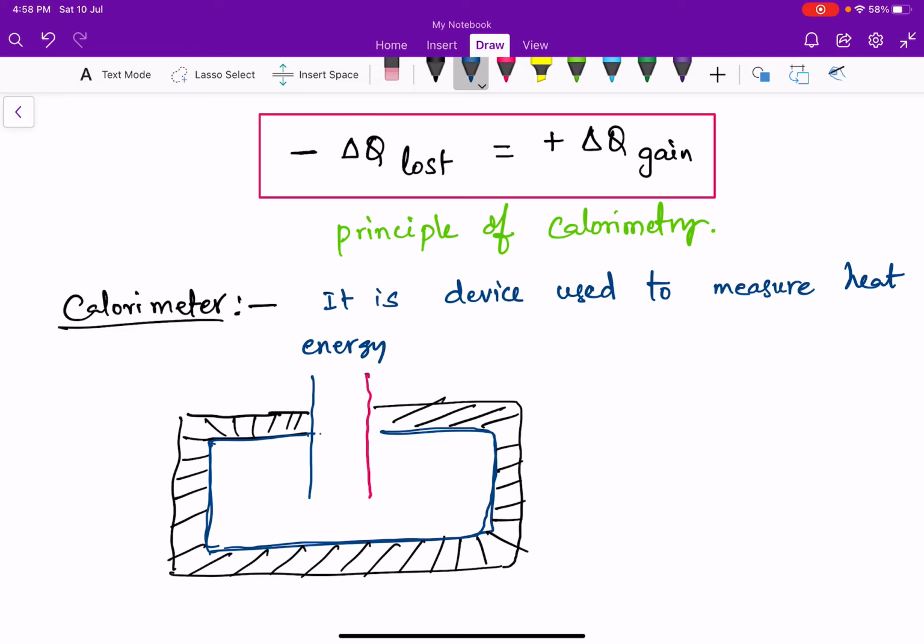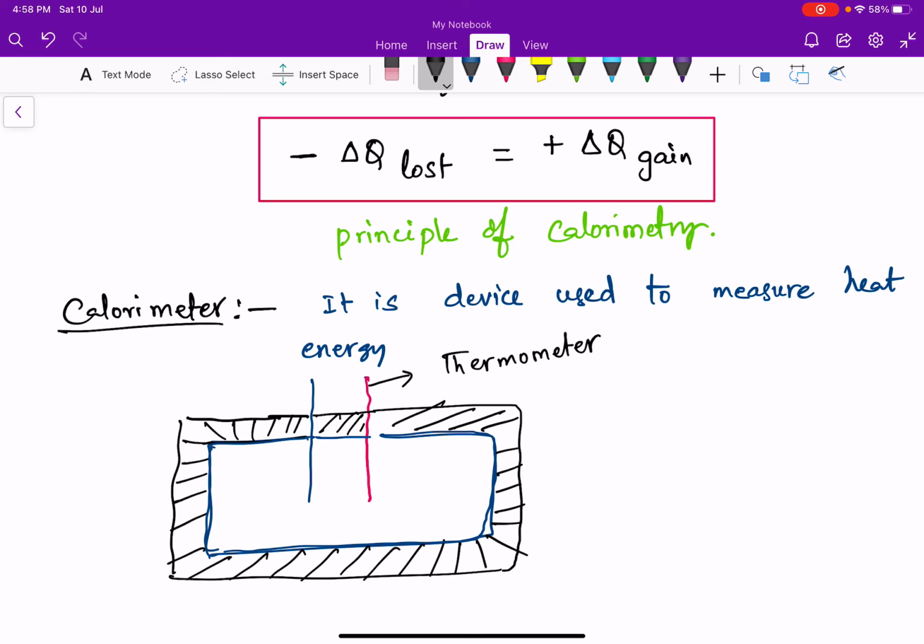So here, this is the thermometer to record the temperature inside the vessel, and this is the stirrer to stir the contents inside. This is a metal body.